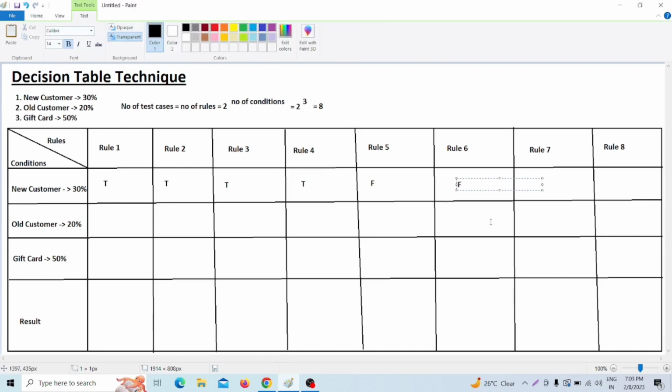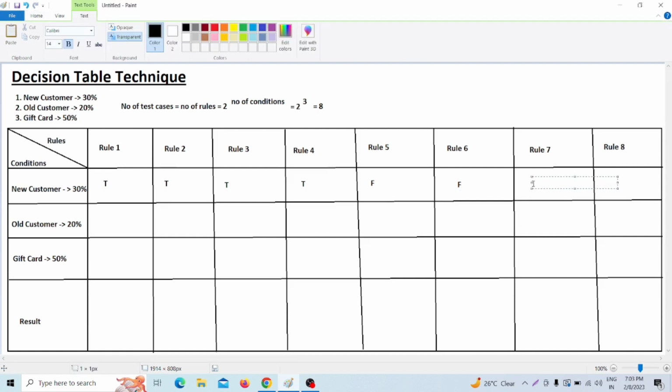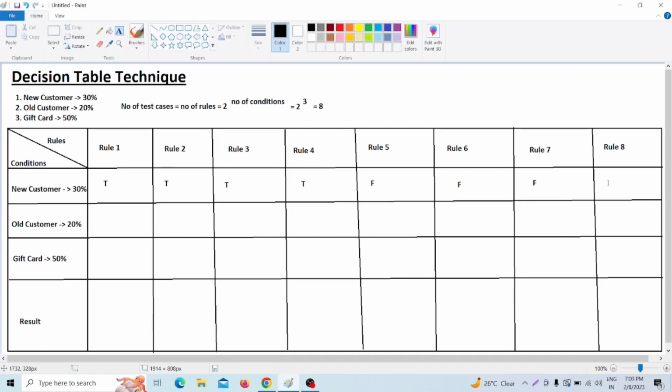So the decision table technique is based upon true and false values. We have to remember that.